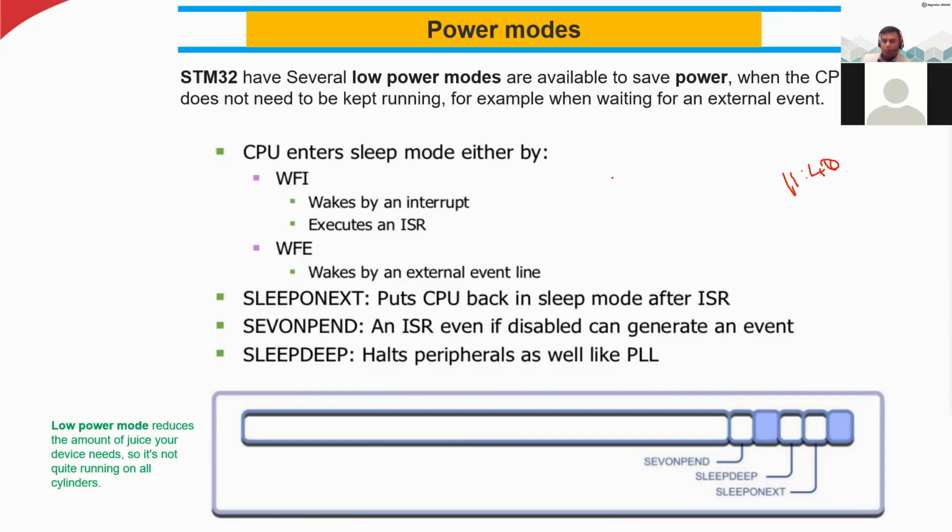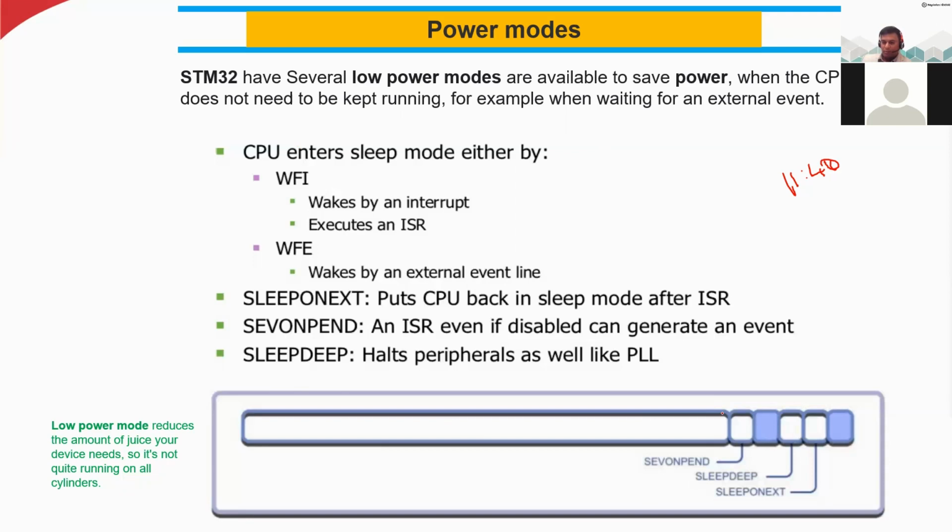And even your mobile phone has the same. So here also we have the power modes in microcontrollers for similar purposes, to achieve low power. Low power mode reduces the amount of juice your device needs, so it's not quite running on all cylinders.